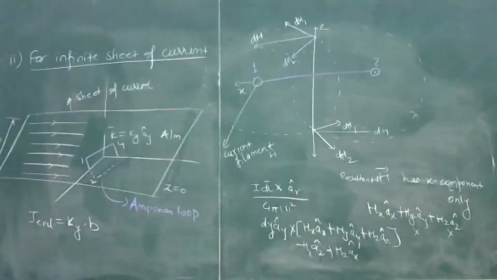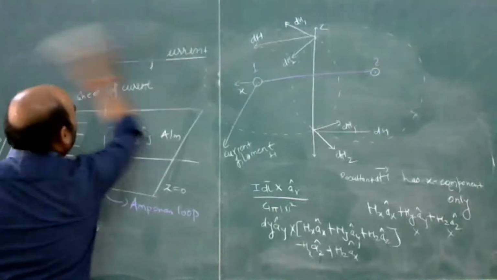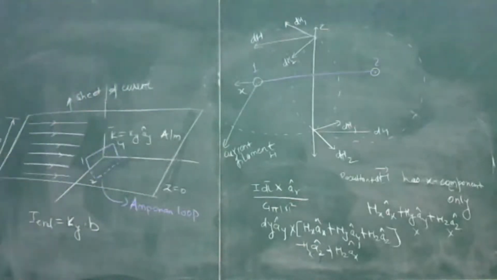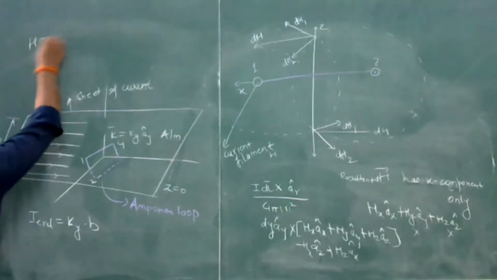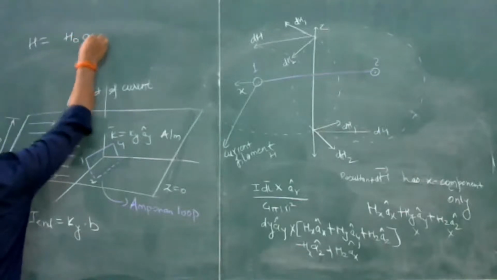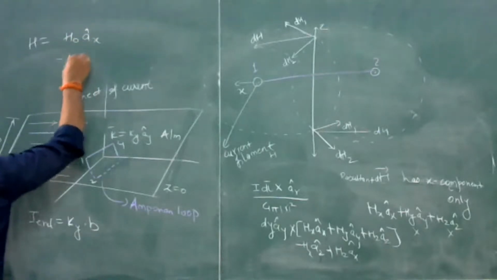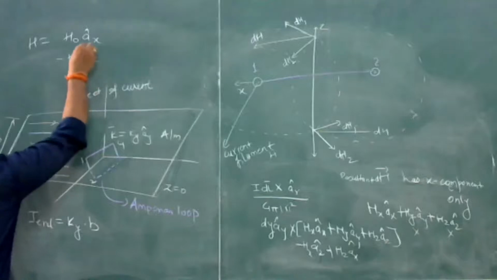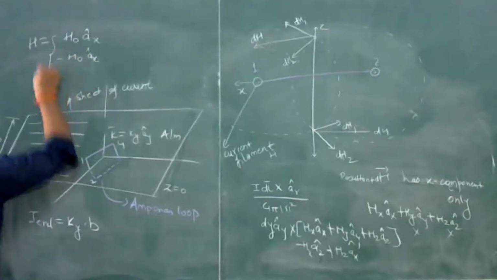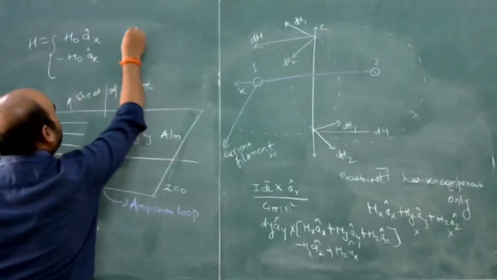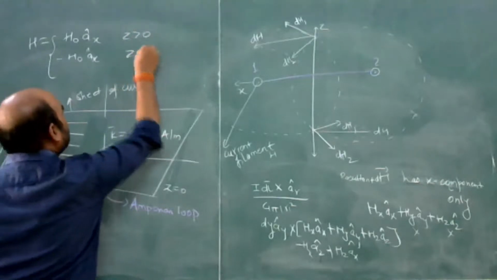So here we can write the value of H. For the pair, it is the same for an infinite sheet. So H will be equal to H naught AX when z is greater than 0, and minus H naught AX when z is less than 0.